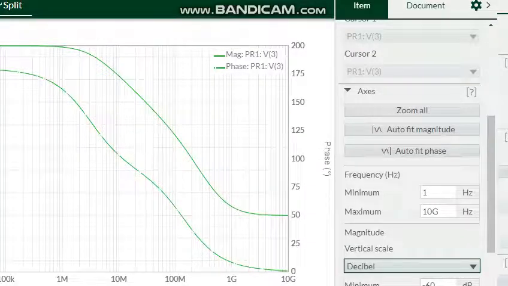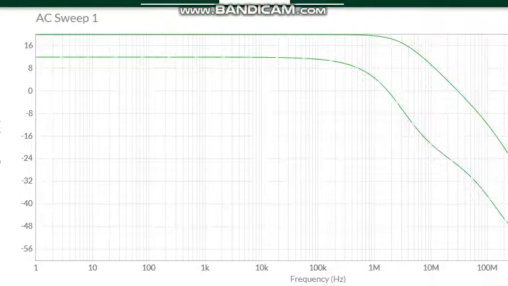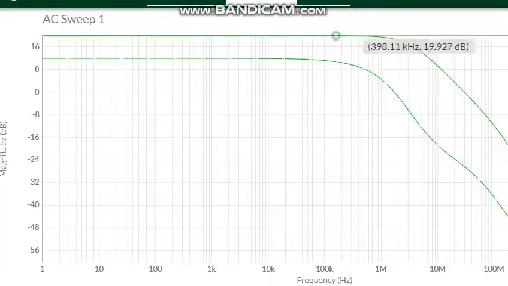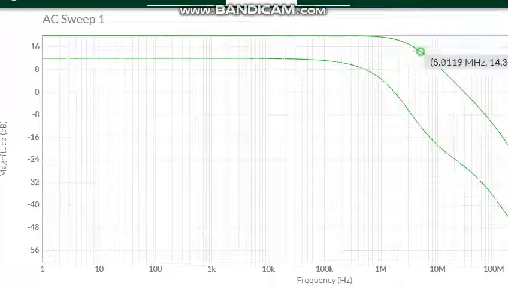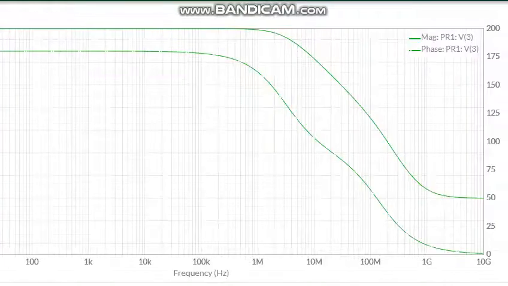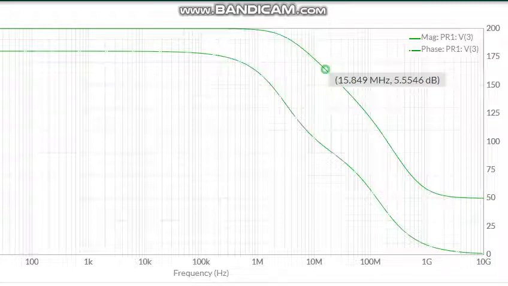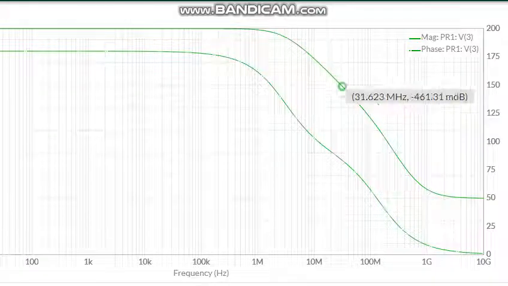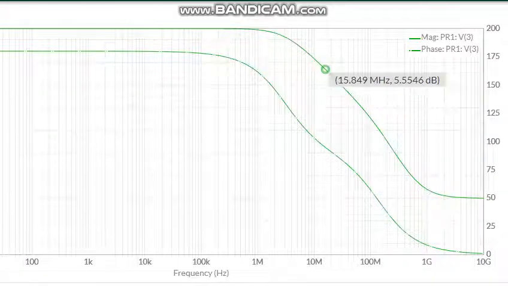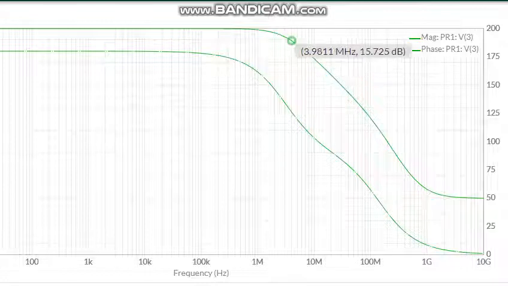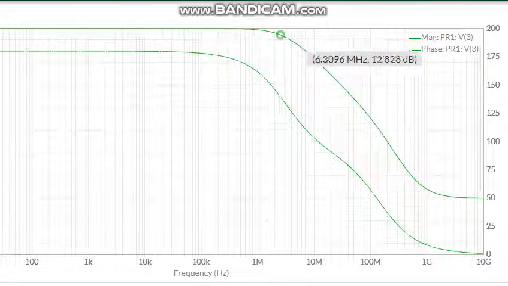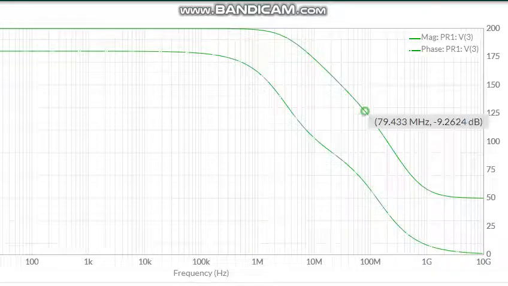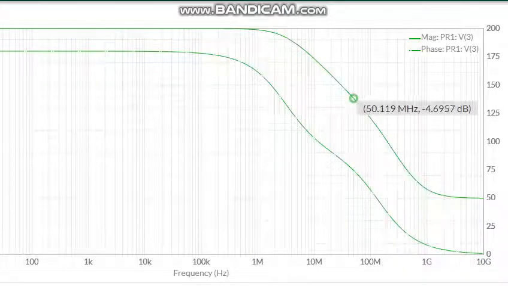Now you can understand clearly what minus 3 decibel is. Go to the cursor, where there are values like 16 and 14 decibel, and so on. You have to find where the minus 3 decibel point is.